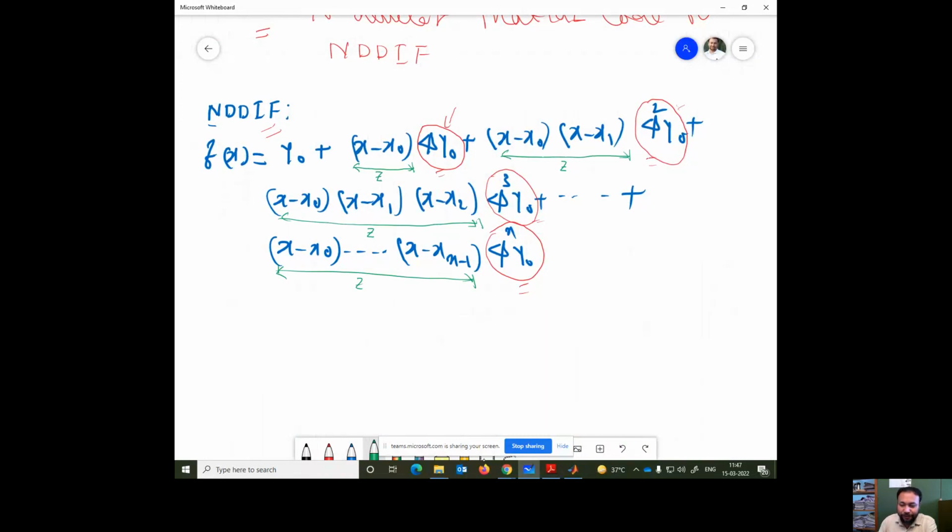Let us define what z is. This is the coefficient of delta y naught, delta square y naught, delta cube y naught, delta to the power n y naught.